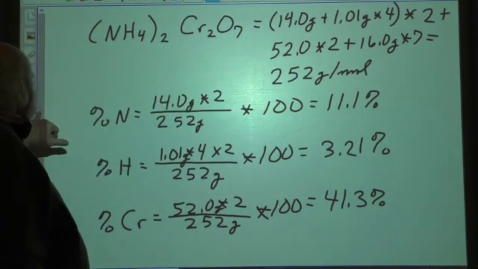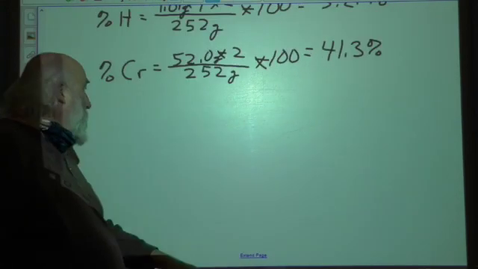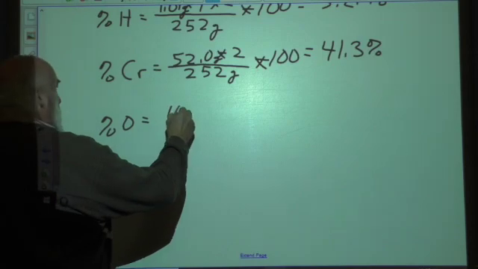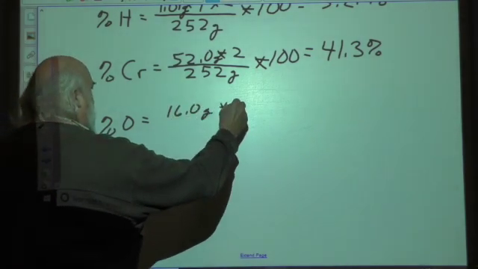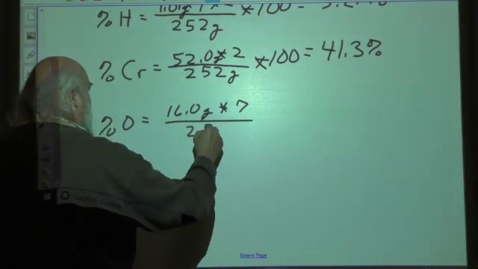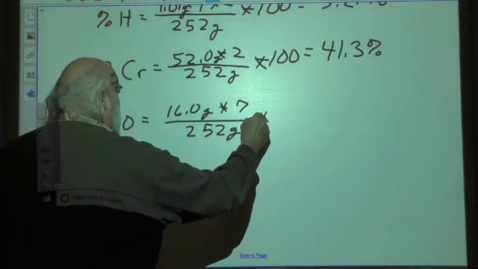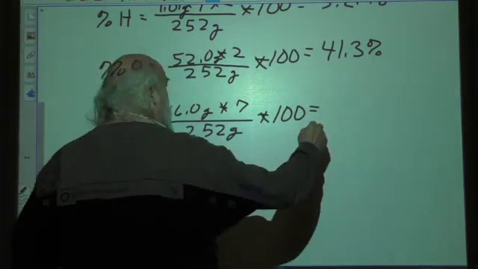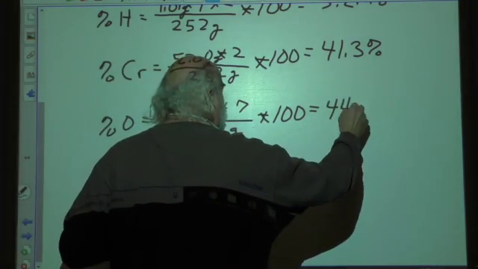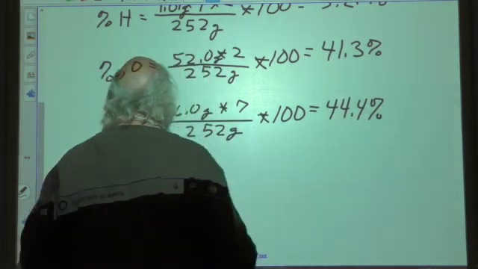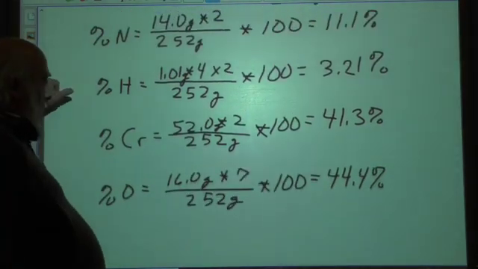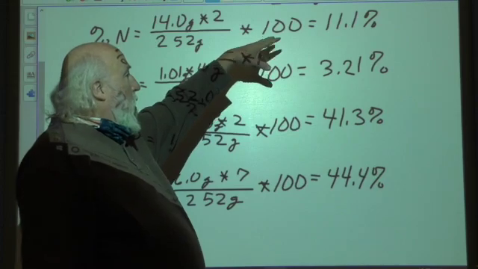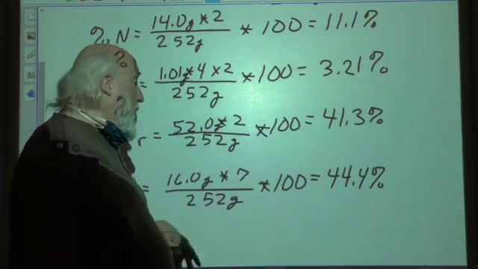So all those have to be taken into account as well. So the percentage of oxygen is 16.0 grams times 7 divided by 252 grams times 100. You get 44.4%. Add that up, get 85.7, 88.91, and 100.01%. That's pretty good.